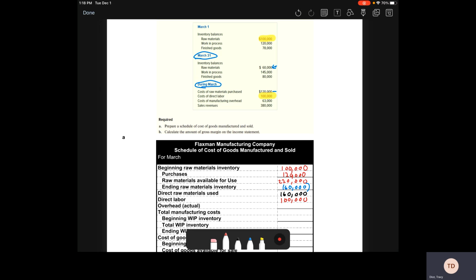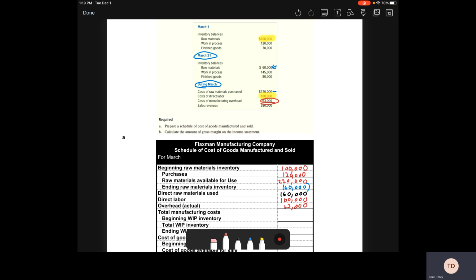You can't apply it directly like the direct labor or the raw materials, like how many boards did you use. Your overhead costs could be rental costs for your equipment, utility costs, depreciation, security, indirect materials like glue and nails, things that you're not going to keep track of directly. Those costs, again, they tell us right here, were $63,000.